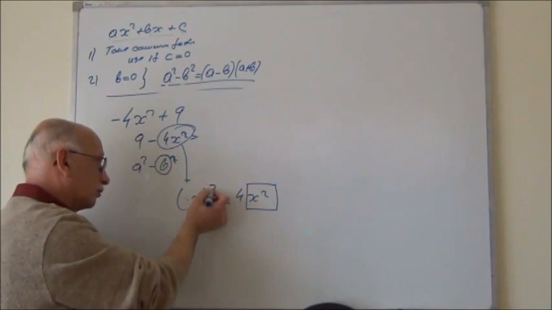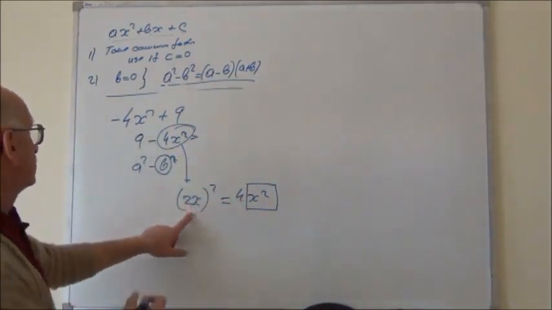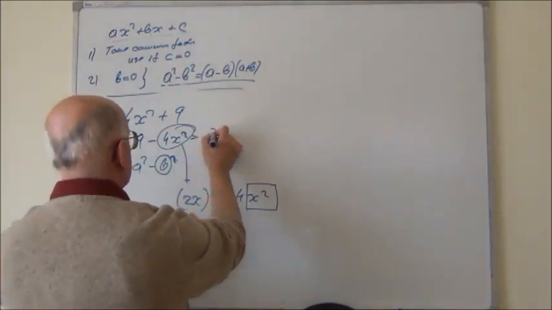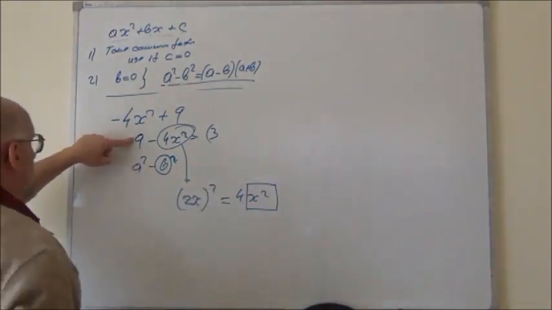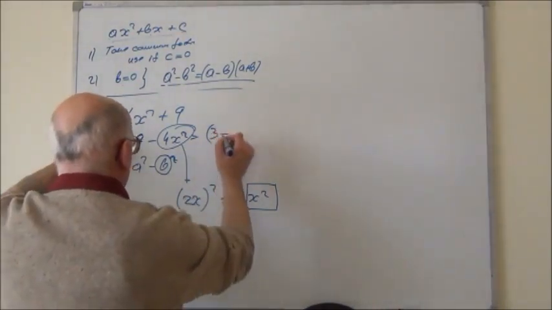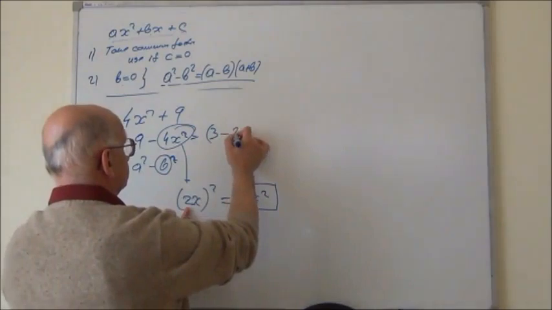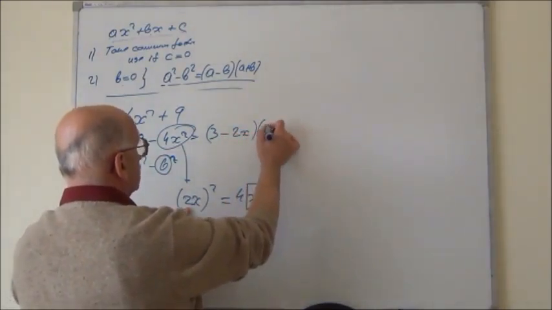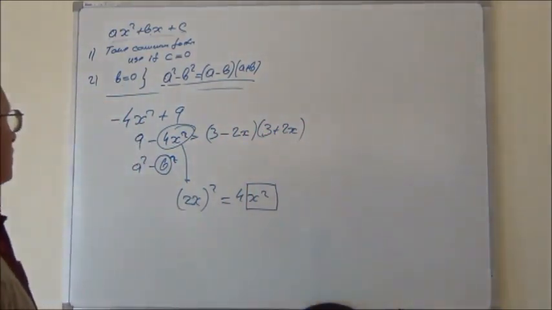What number to the power 2 gives 4? Of course it is 2. And when you factorize, in that case it will be 3, because square root from minus 3, minus, and now 2x, and 3 plus 2x.